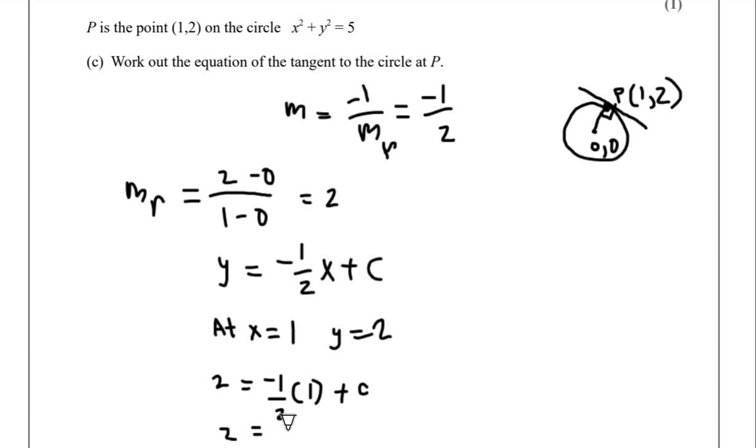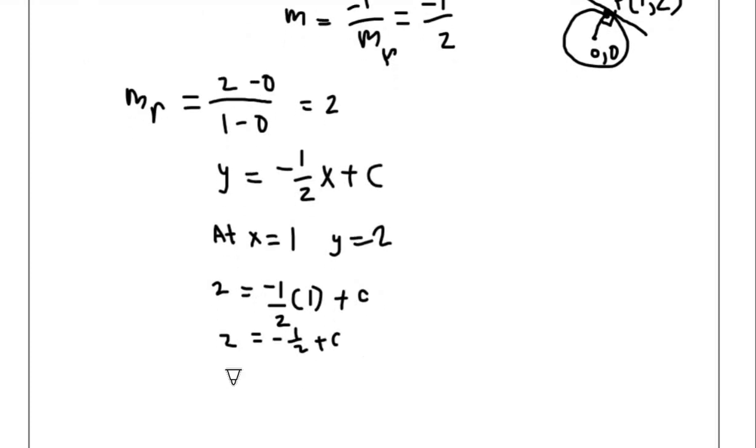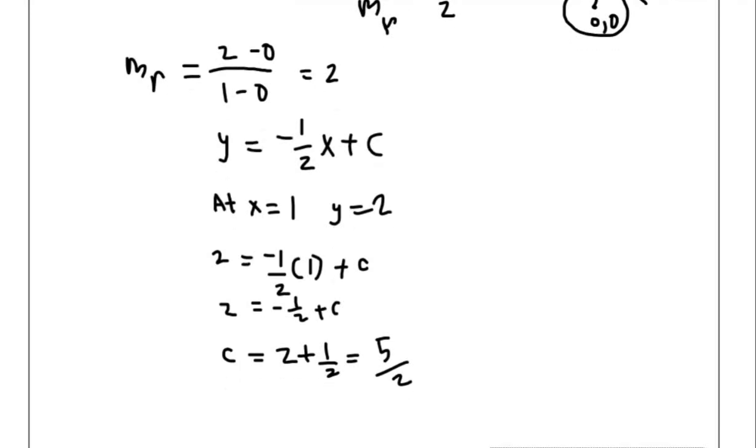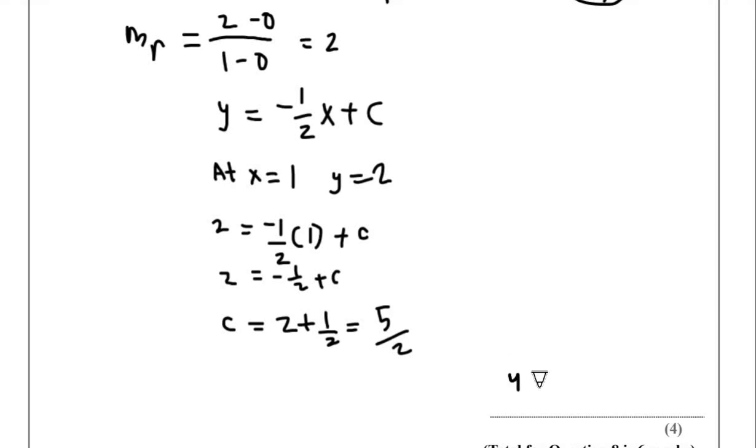So this is 2 equals negative half plus c, and so c will be 2 plus half, and that is 2.5 or 5 over 2. So the equation of this tangent is y equals negative half x plus 5 over 2.